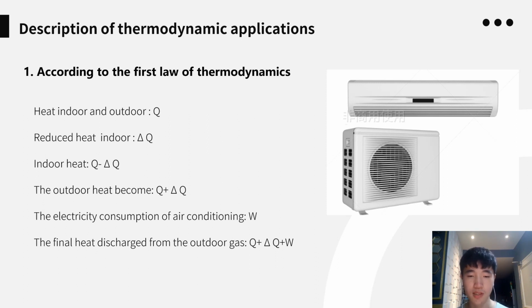When this heat is dissipated outside, the outdoor heat should become Q plus delta Q. In addition, air conditioning constantly consumes energy during use. According to the first law of thermodynamics, the consumed electrical energy W will actually be converted into heat, which means that the heat emitted from the outdoor unit will become Q plus delta Q plus W.